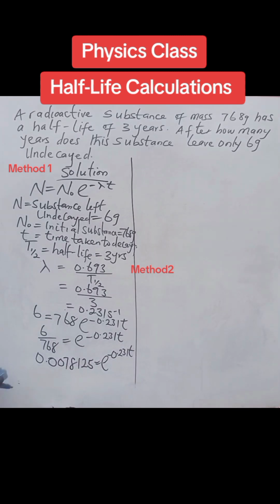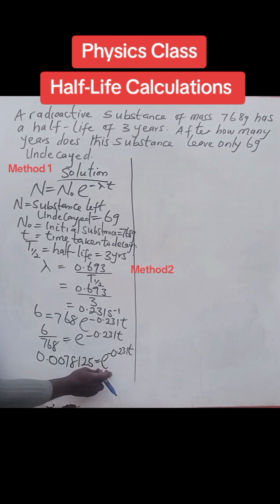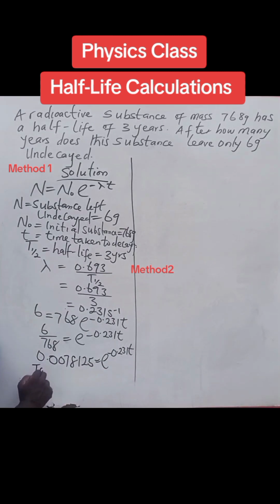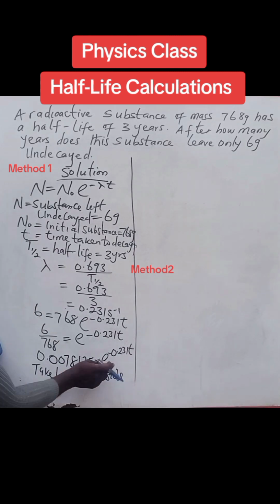Now we have an exponential here, so what do we do? Take the logarithm of both sides, that's the natural log of both sides, log to base e, because of this exponential.